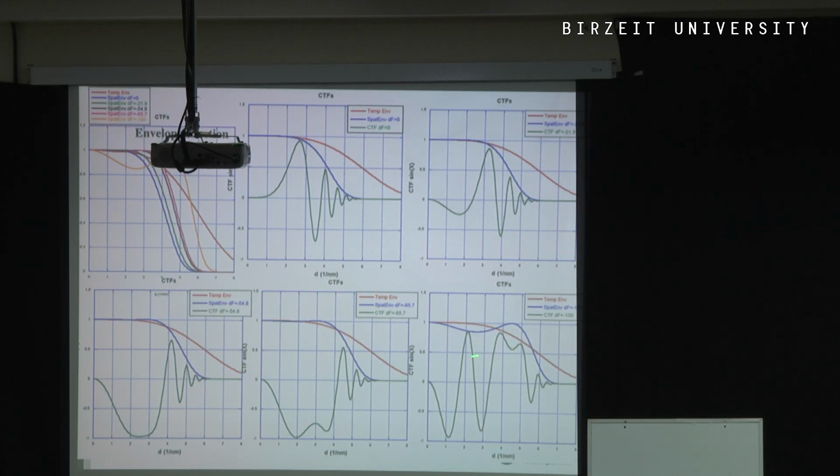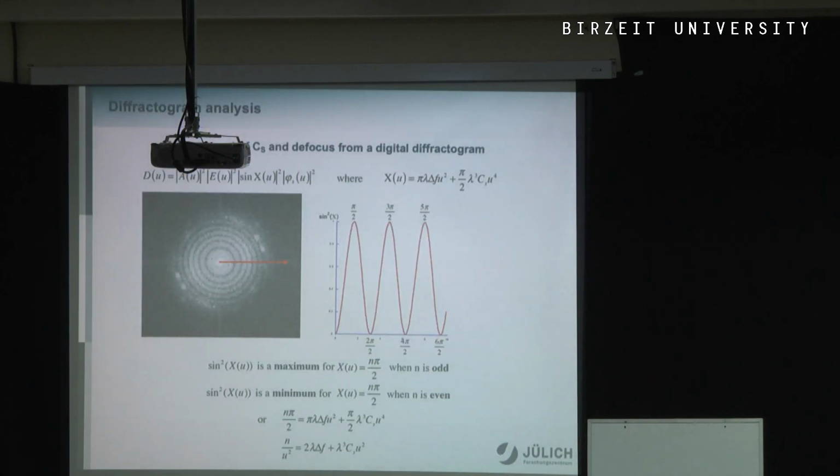There's a reason why we sometimes go to much higher underfocus values, and this is because you get extended pass bands at higher spatial frequencies, but some of the lower spatial frequencies are scrambled. The images at the top correspond to 0 defocus and minimum contrast focus. And why are these useful?